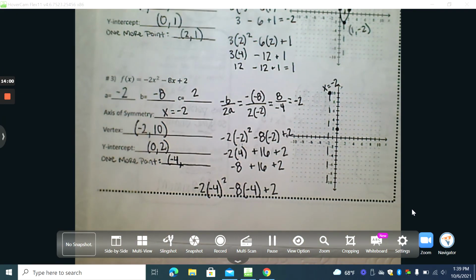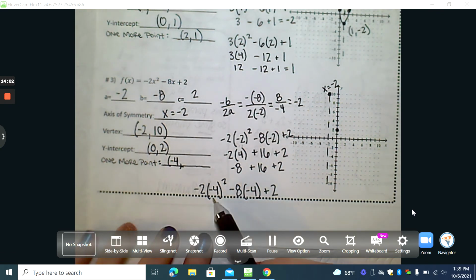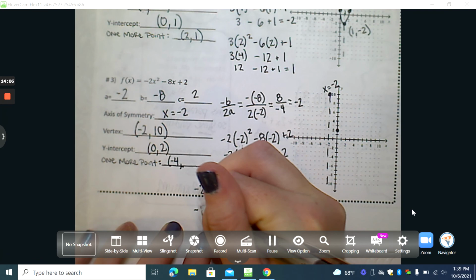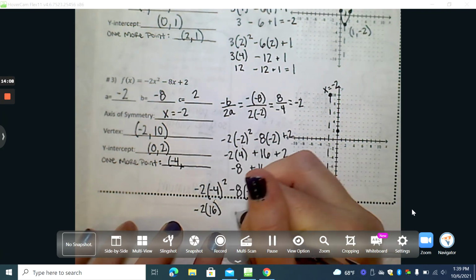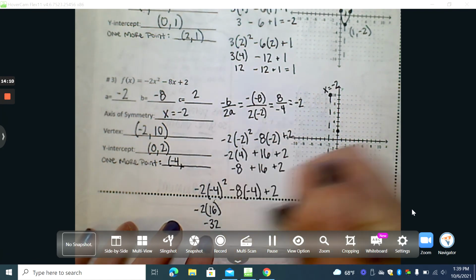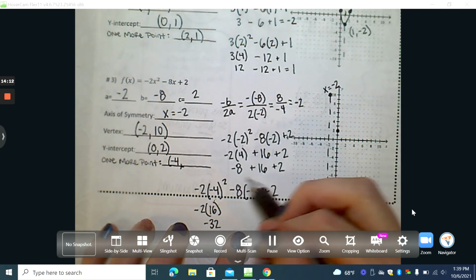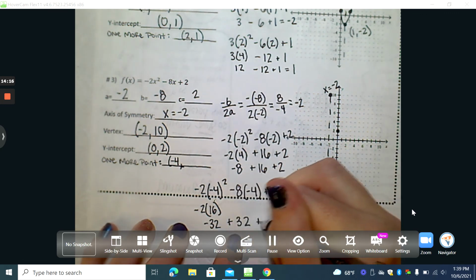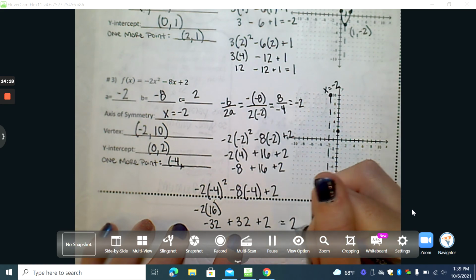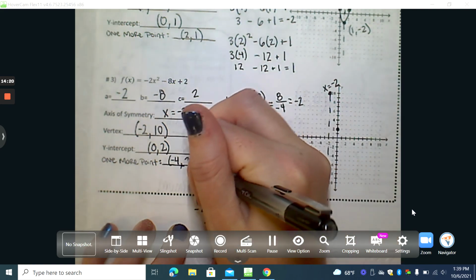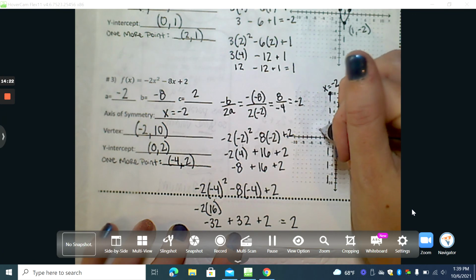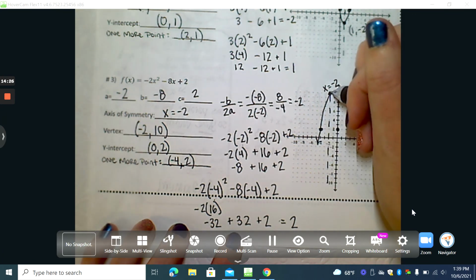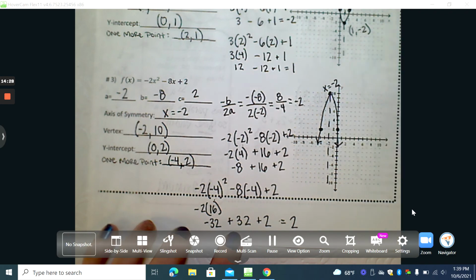Go ahead and take a few minutes to solve that one. Negative 4 times negative 4 is 16. If I multiply that times negative 2, I should get negative 32. Negative 8 times negative 4 is a positive 32. And of course, if I add 2 to that, I'll get my answer of 2. So yes, my axis of symmetry should work out perfectly.